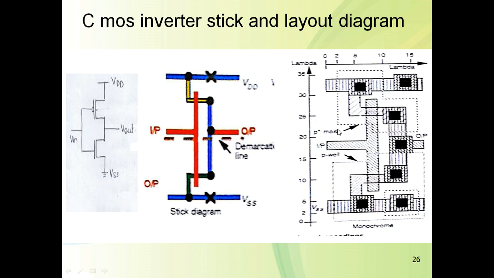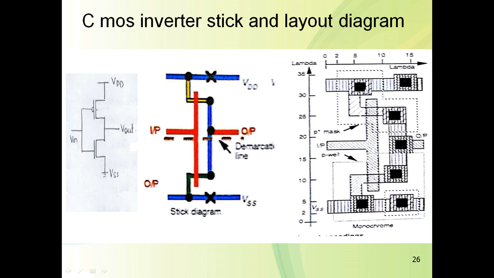How do we draw the layout diagram for this CMOS inverter? Likewise, as for the NMOS inverter, we can draw the layout diagram for the CMOS inverter by using the stick diagram. First draw the VDD layer and VSS layer; the thickness of the VDD layer is 3 lambda, and the thickness of the VSS layer is 3 lambda. Then we draw the N diffusion layer, and then the poly layer.